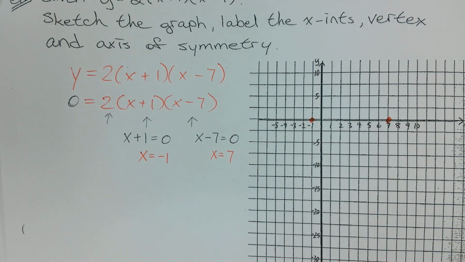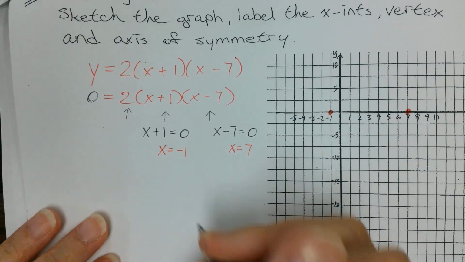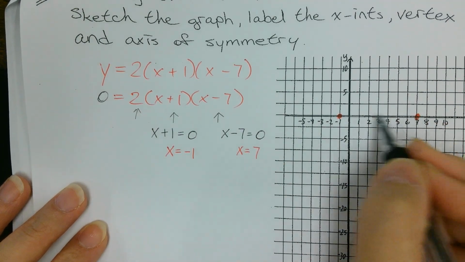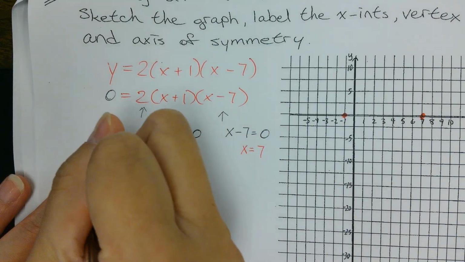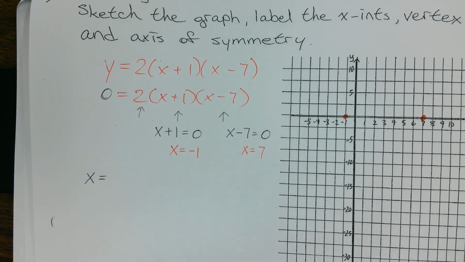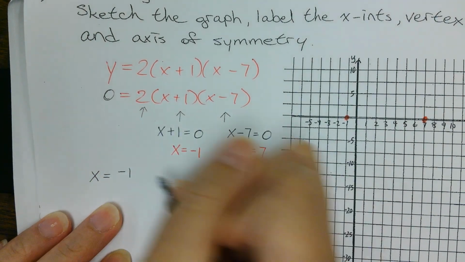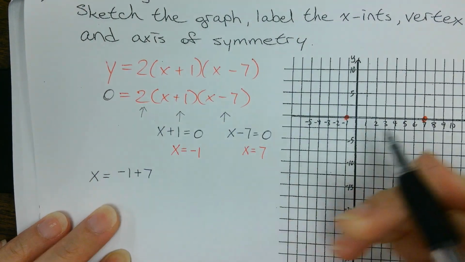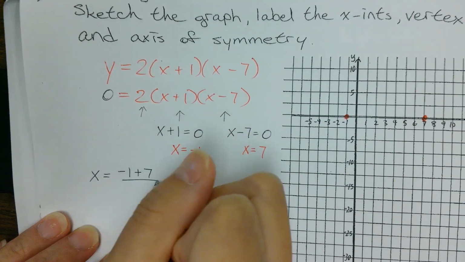In other words, I have to find the middle of these two x-intercepts. I'm finding the average between these two x-intercepts. How do I find the average between two numbers? Since there's two x-intercepts, add them together and divide by 2.